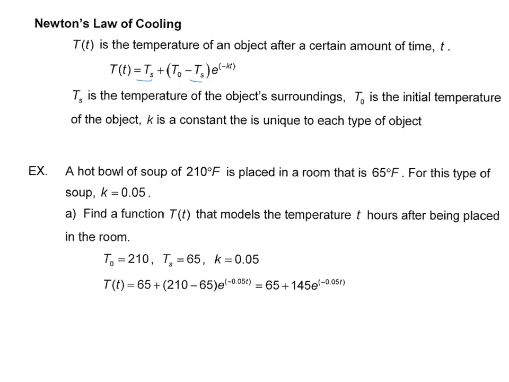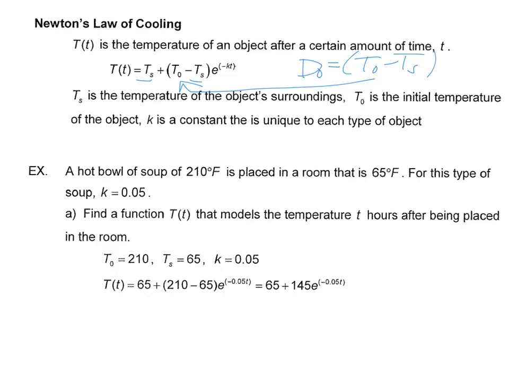Now your textbook, instead of writing in the parentheses T naught minus T S, they just use D naught for that. But to me that adds an extra step. So I just fill in the formula with the T naught minus T S from the very beginning.